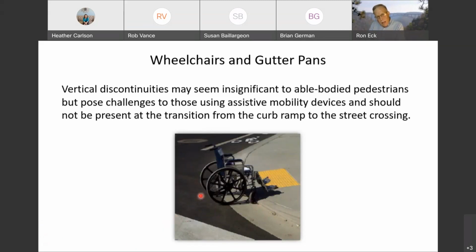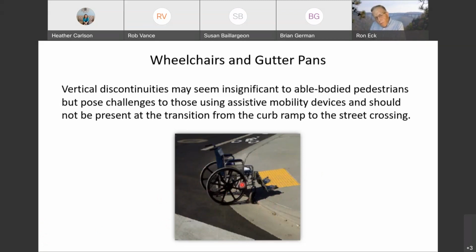And this is staged. I staged this for the purpose of the image, but notice this wheelchair was proceeding from the street to the ramp. And so probably somebody in the chair is going to be accelerating to try to build up some speed to get up that ramp.